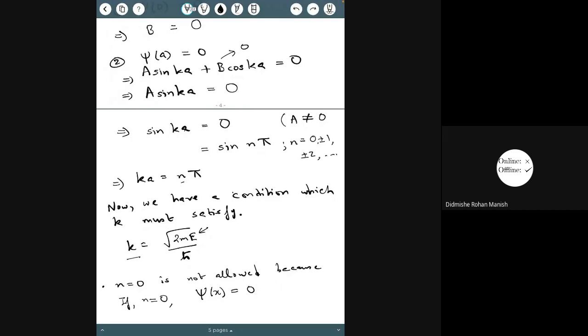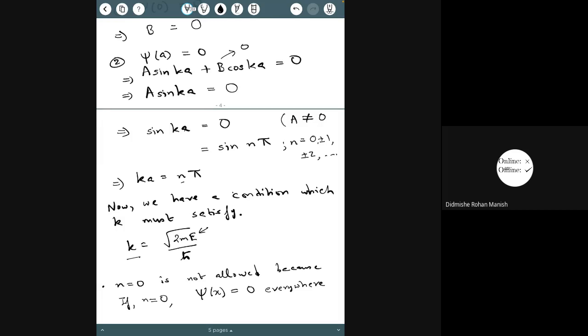My handwriting is really bad. Which means that there is no wave function, and that cannot be allowed. So n equal to 0 is not allowed.